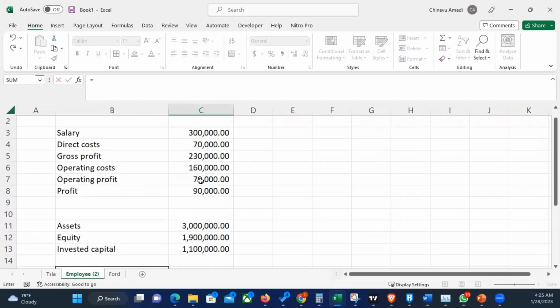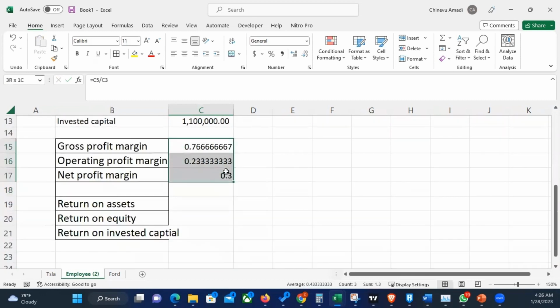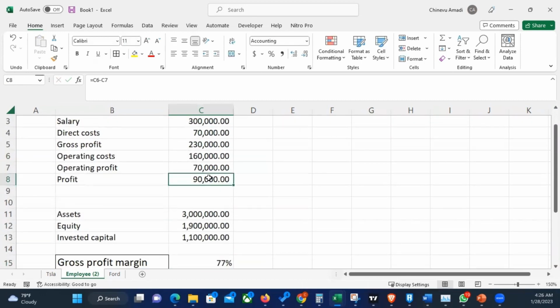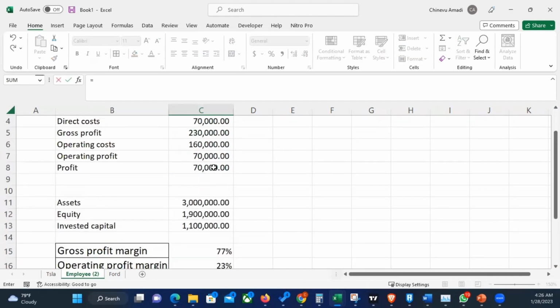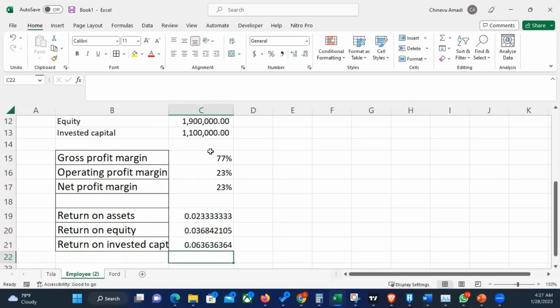This job is paying so much amount. It's very important to make this analysis, right? Look at your gross profit, look at your net profit. Also look at the returns, right? Because every job has returns. So this is how to look at profitability as a business and also as an employee.